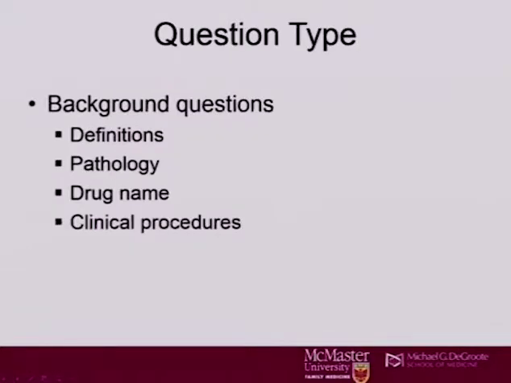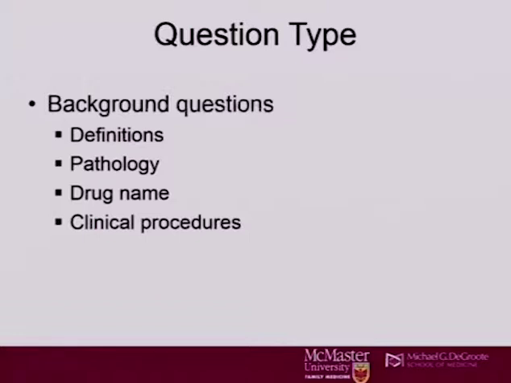Question type. It's good to take a pause before you launch into a search and think about what question you're actually trying to answer. Right, so there's two main kinds.